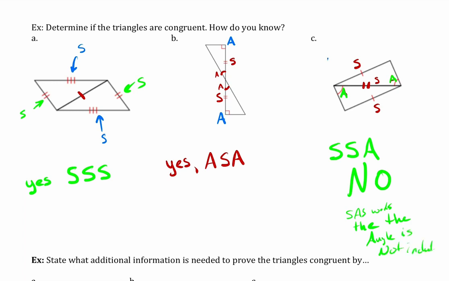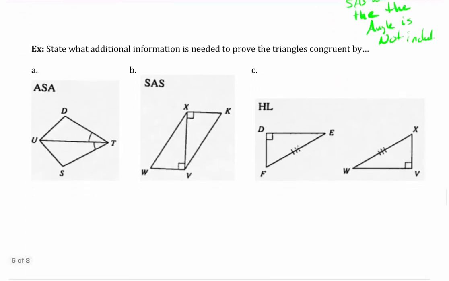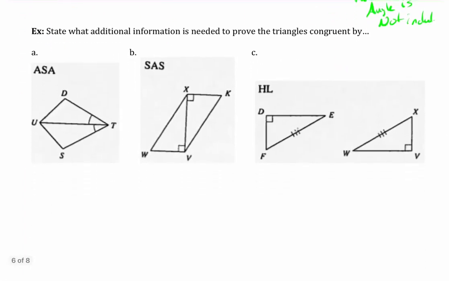It would also not work if it was reversed and we said angle, side, side. That would not work either. So side, side, angle, or angle, side, side is not a congruence theorem, and it does not work. So this is a no. All right, let's keep going.